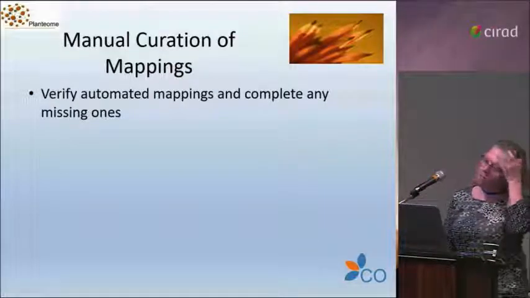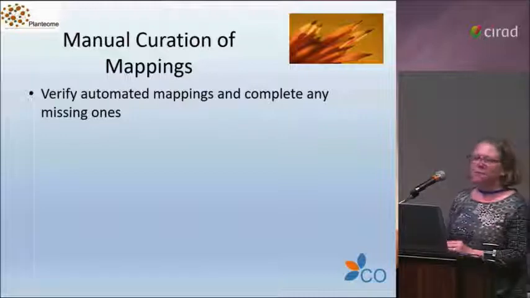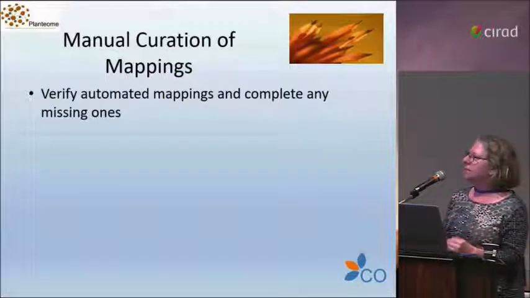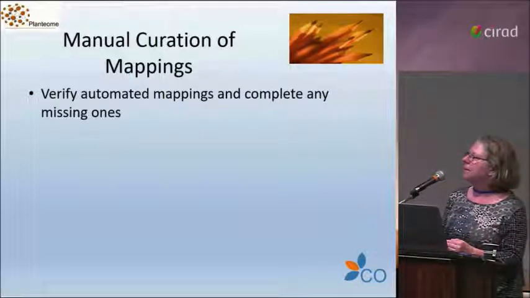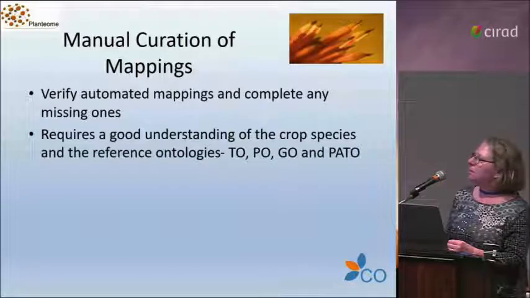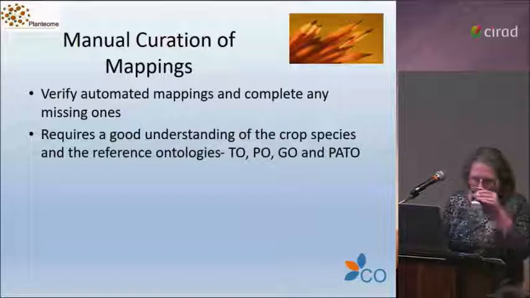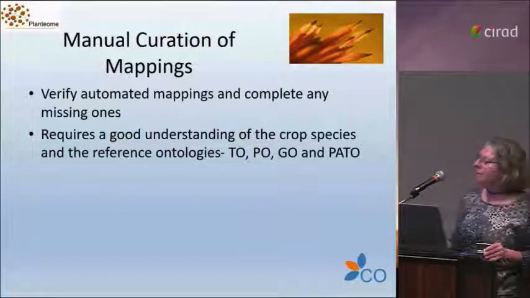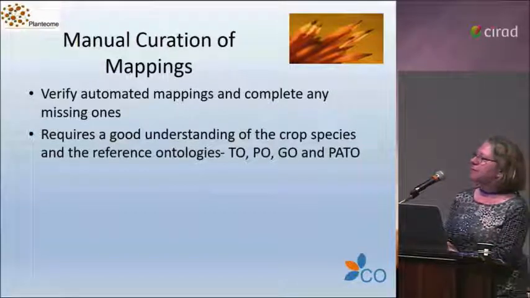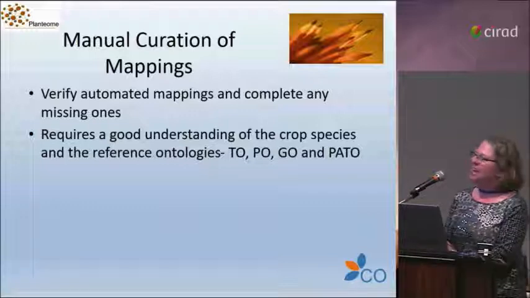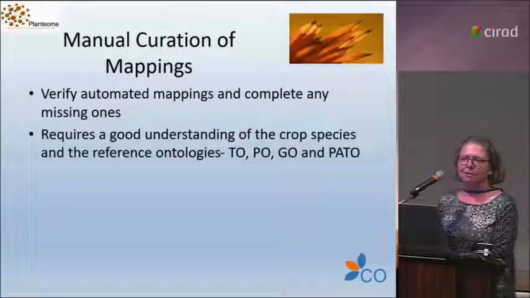So once that's done, it's important to have a manual process look at this and complete any of the missing ones. This is actually an important step, and it requires quite a good understanding of the crop species and the reference ontologies. And as I pointed out, all these crop species are very different.